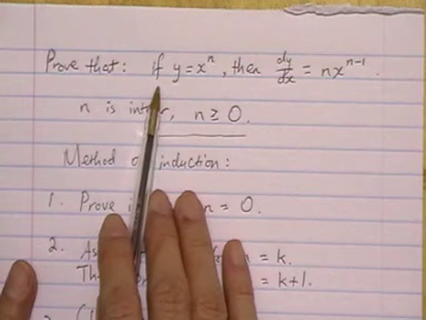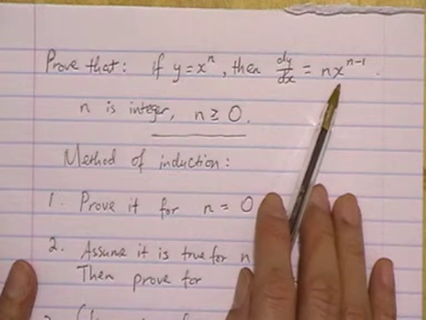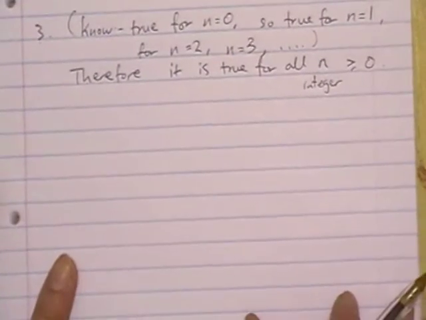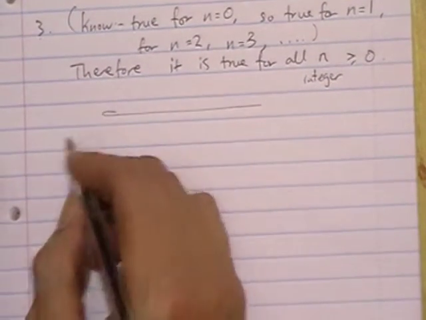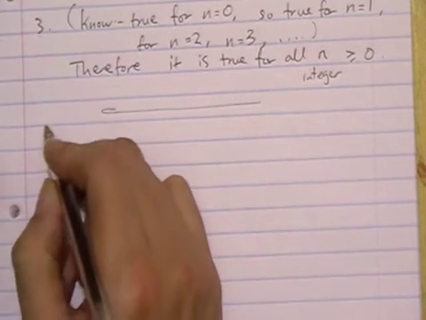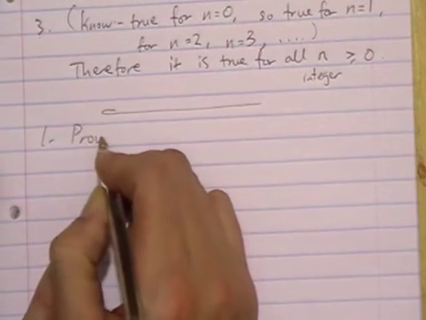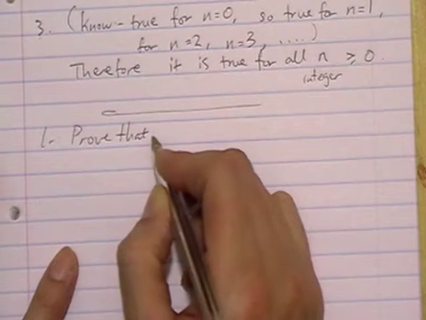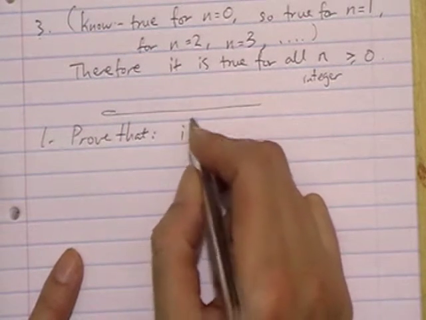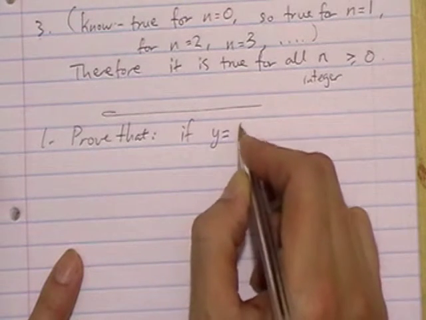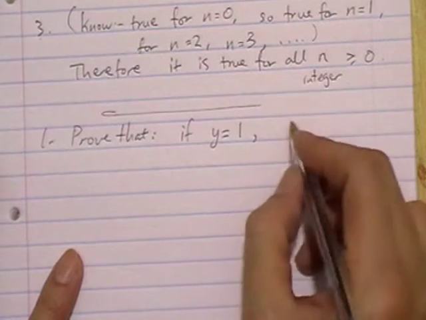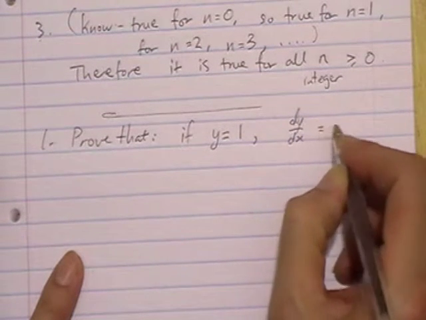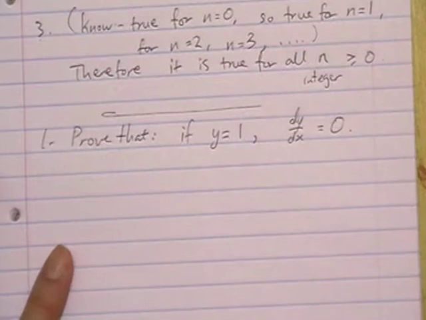So let me write this out with n equals 0. Okay, that's step 1. I want to prove that if y is equal to 1, dy/dx is equal to 0.